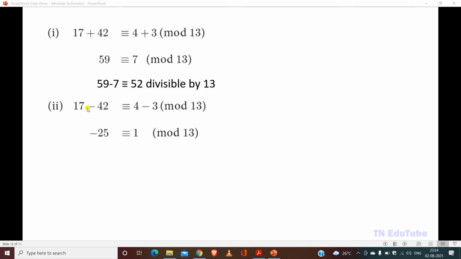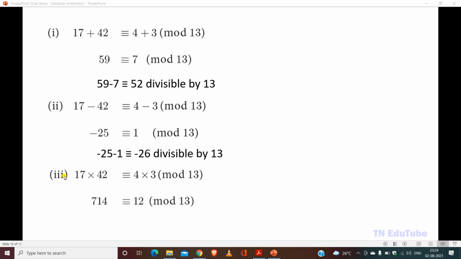Like that, 17 minus 42 is congruent to 4 minus 3. While subtracting, you get minus 25. Here you are getting 1. While dividing, when you are taking this 1 on the left hand side, minus 25 minus 1 equals minus 26. It is divisible by 13.